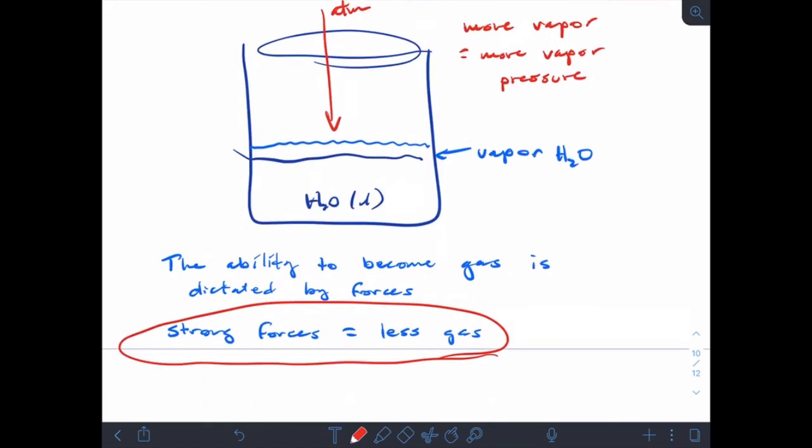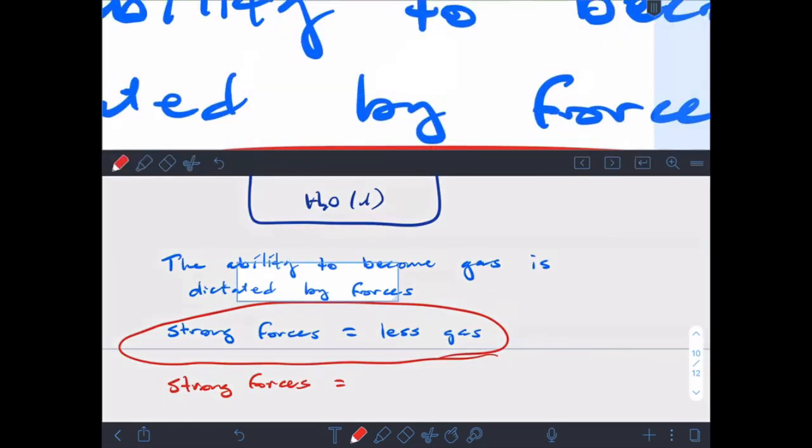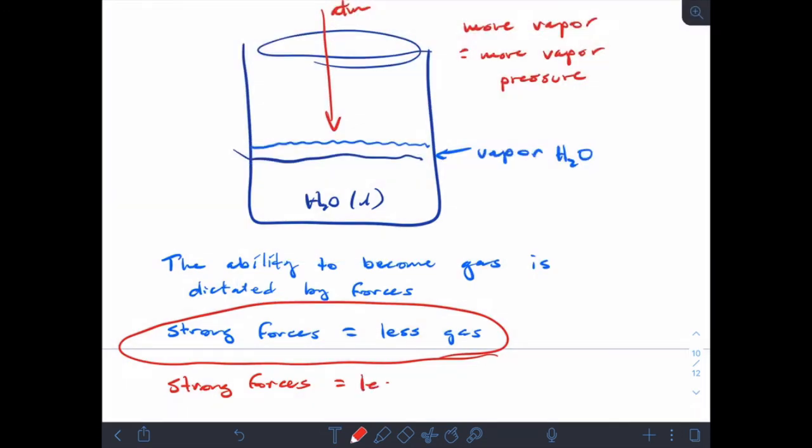Okay, so ergo, strong forces equals less vapor pressure. Okay, because I have less vapor. More vapor makes more pressure. Okay, less vapor, less pressure. Stronger forces, less vapor. Stronger forces, less pressure.